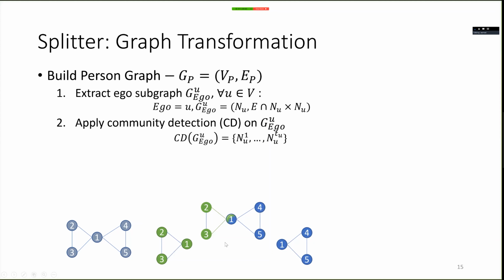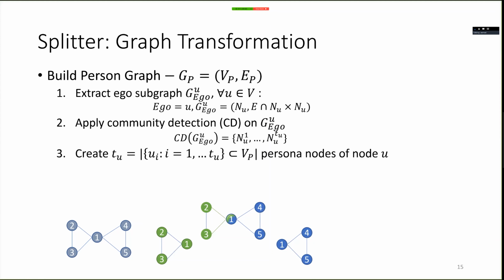Step 3 is to start working on our persona graph. The first step is to create the persona nodes, the nodes of the persona graph. How do we do that? For each node from the original graph, you check how many communities, or how many contexts, it has from step 2. Then you replicate this node as many times as the number of communities it has.